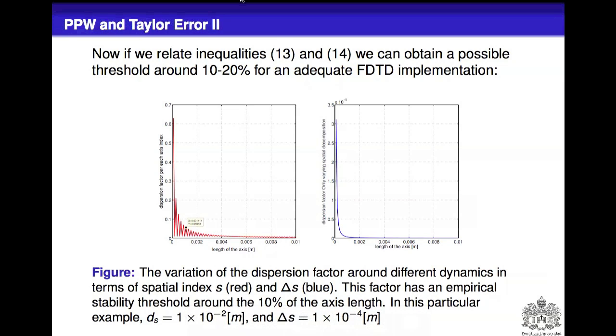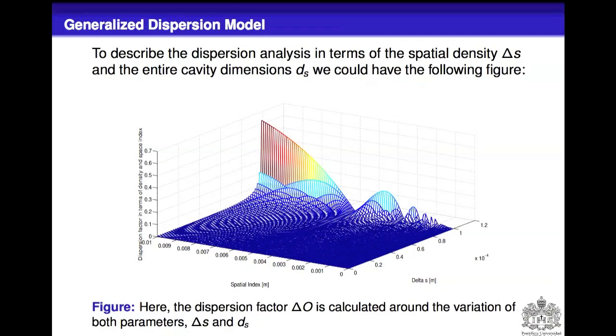This is the most important part of this analysis. And as you can see in 3D, if you relate the spatial index, that is the total length of the axis, and compare the delta S value, that is the number of G cells per axis, if you have almost one G cell per x-axis, you should have around 70% of dispersion.